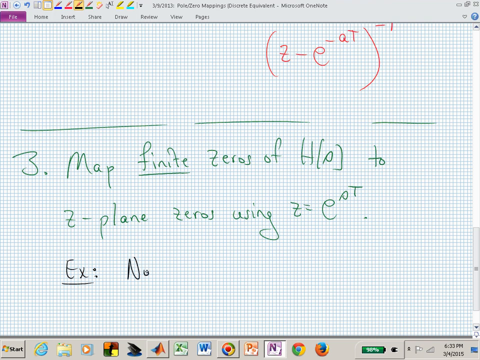For example, suppose we had some numerator that was maybe K times s plus b. And let's not worry so much about the gain. What zero factor would we need to have in the numerator of capital H of z to be consistent with this s plus b factor in our continuous time H of s? Is that okay? That's now the factor.